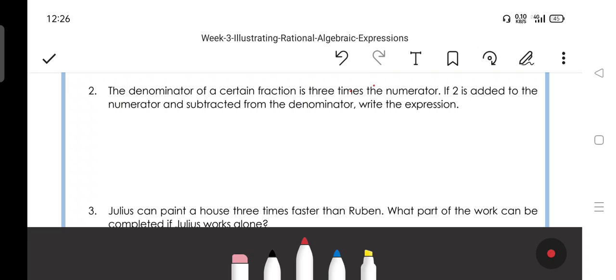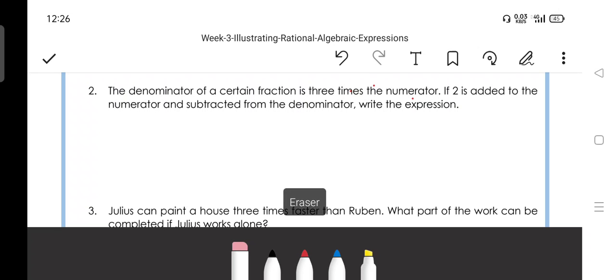So the first mathematical statement here is 3 times the numerator. Since it wasn't mentioned what variable the numerator is, we have to represent this in terms of a variable.